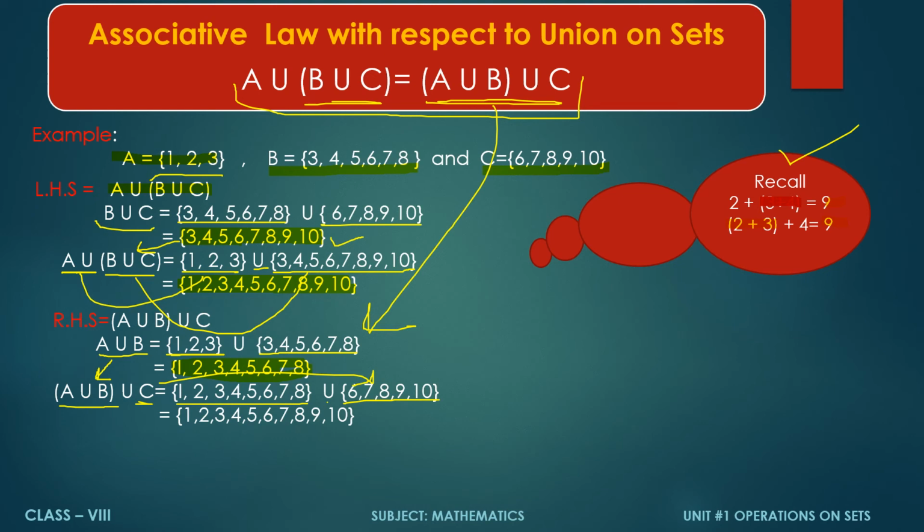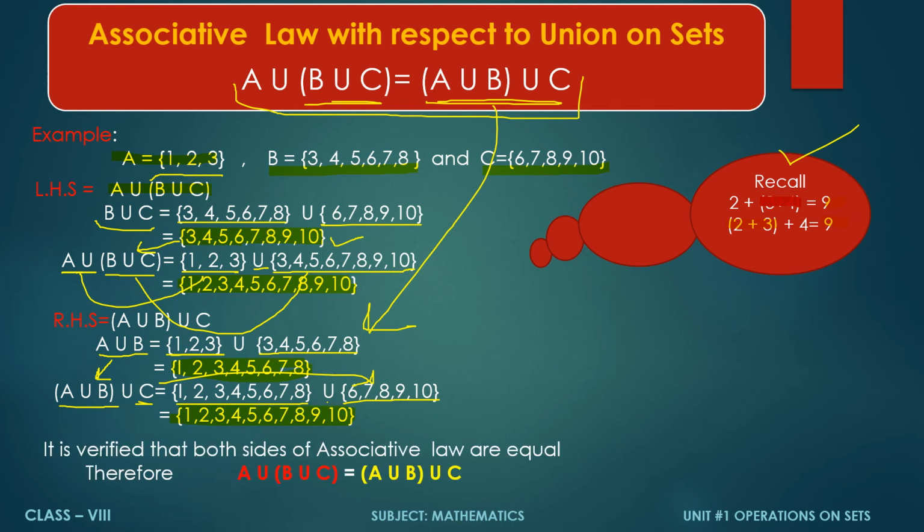So the resultant set of the right hand side is 1, 2, 3, 4, 5, 6, 7, 8, 9 and 10. Here, observe students, both the resultant sets, left hand side and right hand side, are equal to each other. Therefore, it is verified that associative law with respect to union holds.